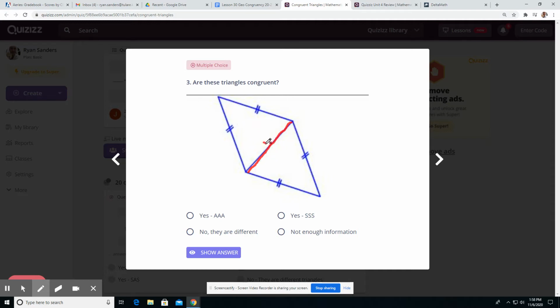So I like to mark it with a different tick mark. They have two ticks, two ticks, so I'm going to give it the one tick. Two ticks, two ticks, one tick. So side, side, side, and you can number them too if you want.